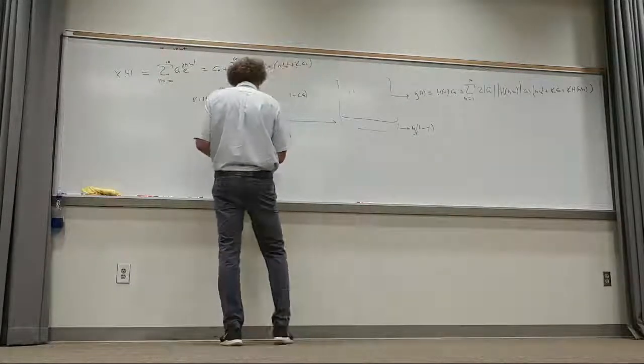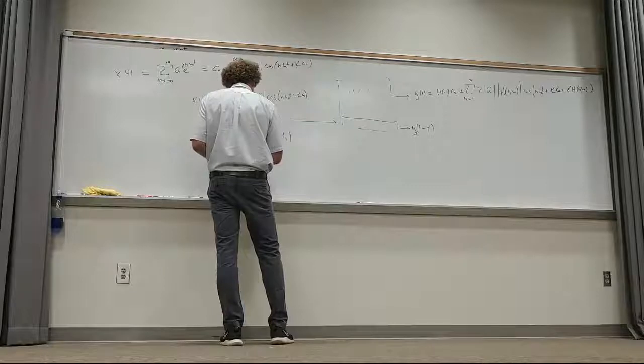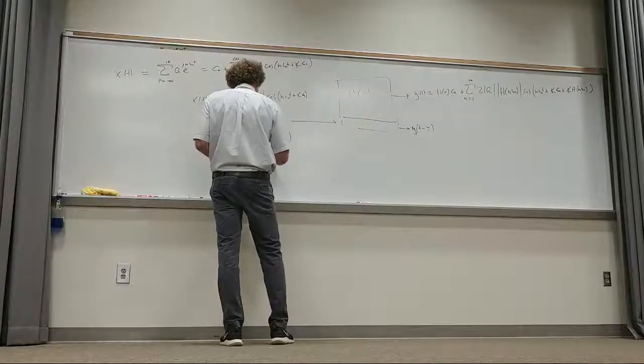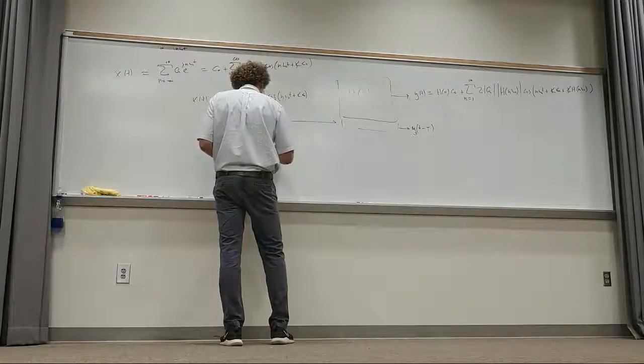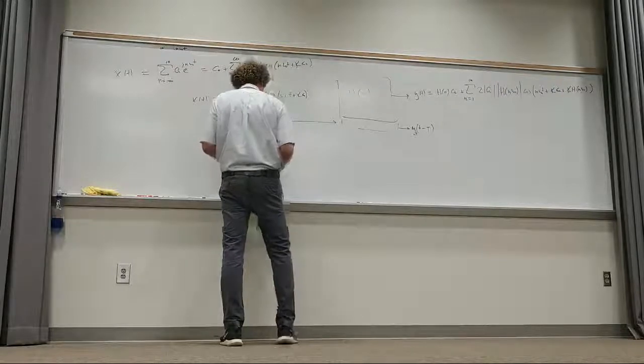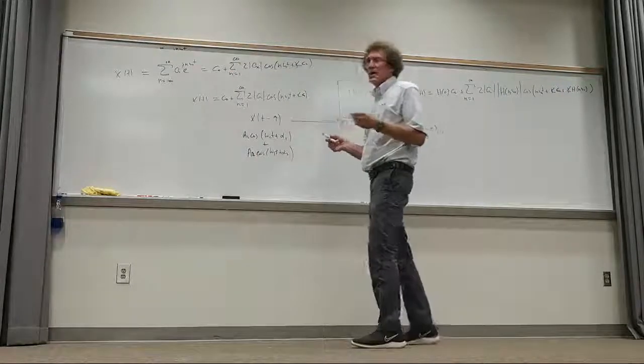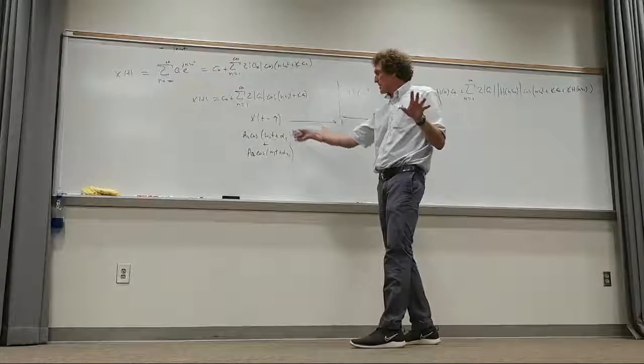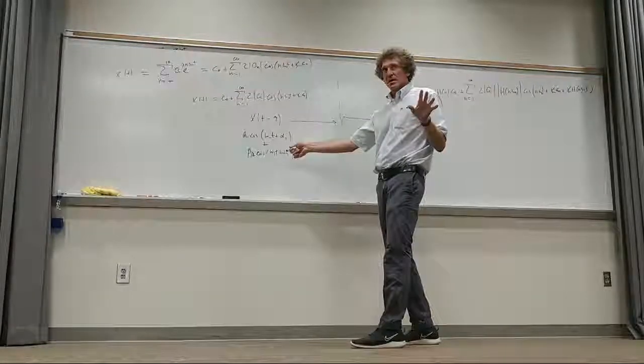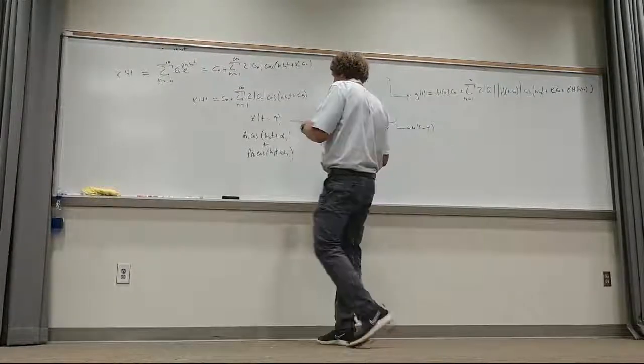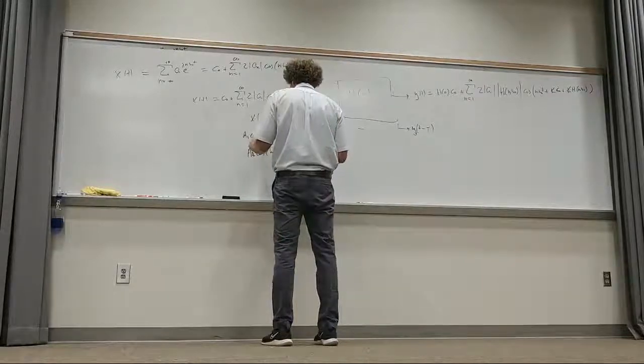That's the first one. And there'll be some A2 cosine of omega 1 t plus alpha 2. Omega 1 could be 2 omega naught, doesn't matter. Write this down right here.